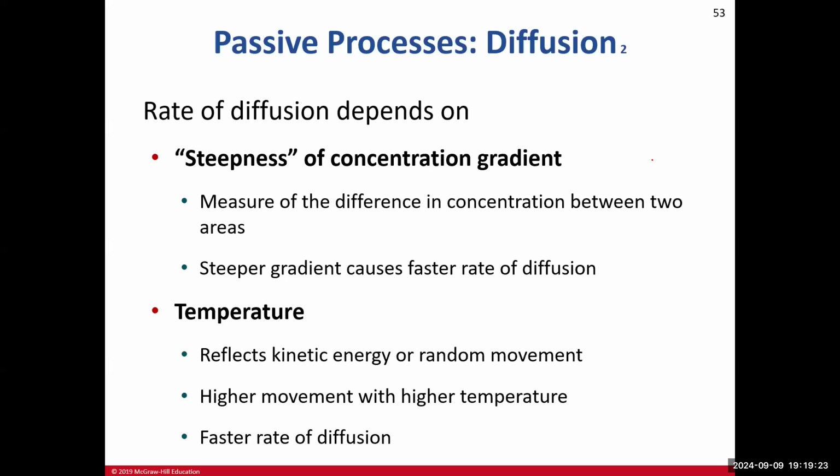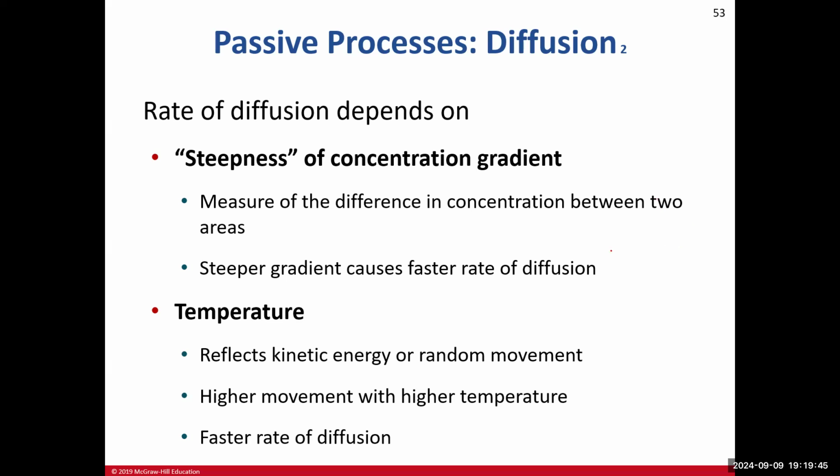There's not that much of a difference there. So the rate of diffusion won't be very fast. If there's a large difference between the two areas, then the steepness of the concentration gradient will be increased significantly, then there's a fast rate. If there's not much difference, then you won't have as fast a rate of diffusion.